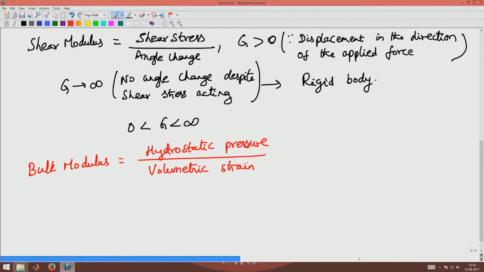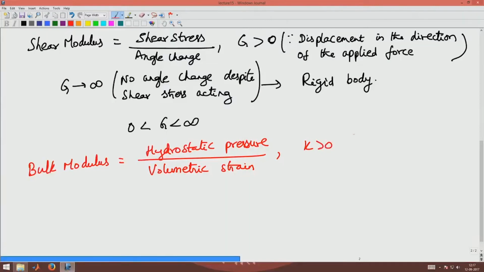Now, again bulk modulus has to be positive, because if I apply a compressive force, the volume should decrease. If I apply a tensile hydrostatic pressure, the volume has to increase. For the same reason as above, K has to be greater than 0, since displacement is in the direction of the applied force.